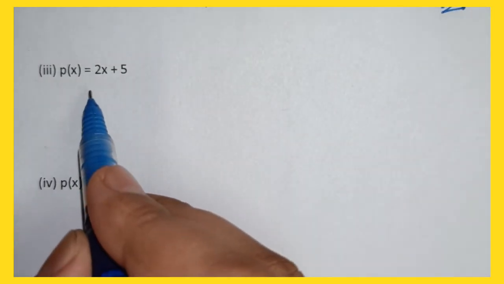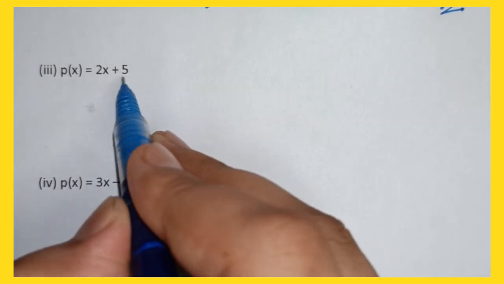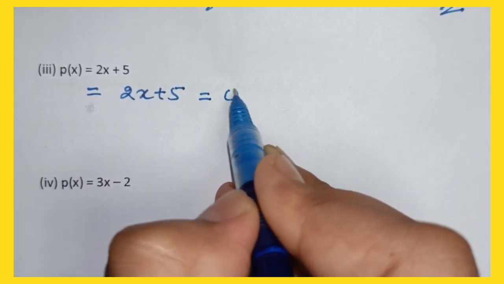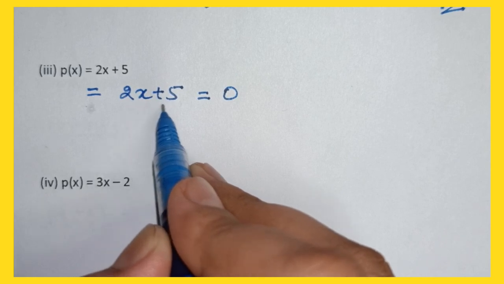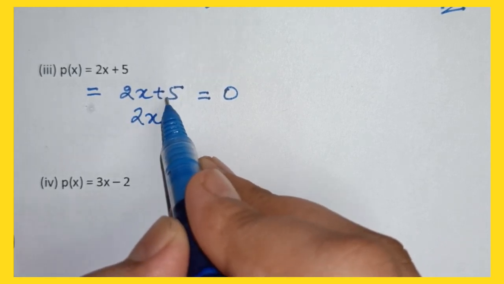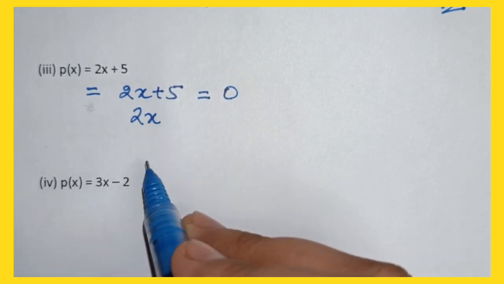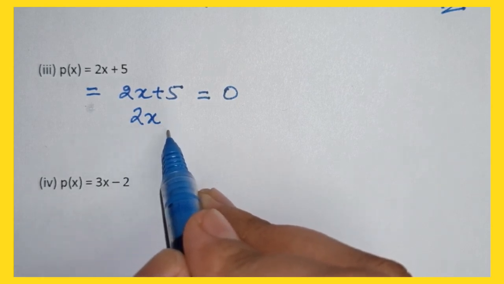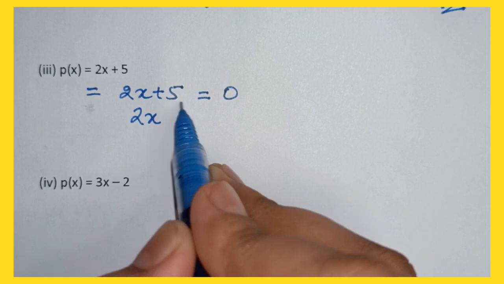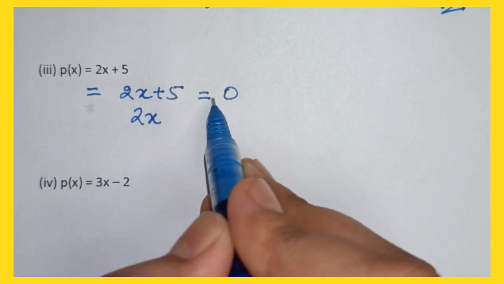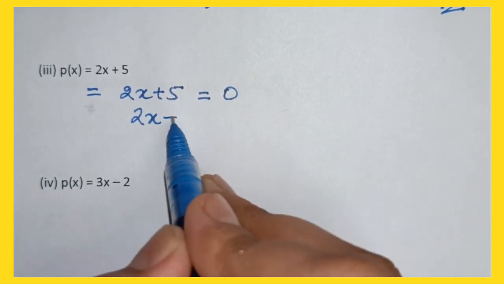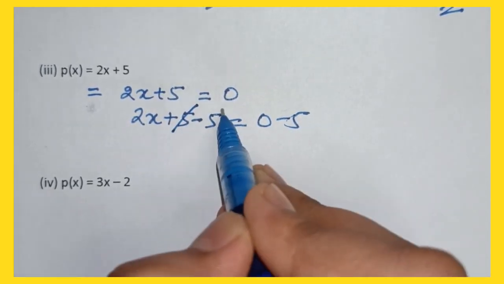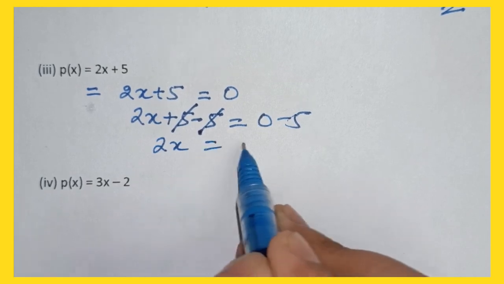Now your third question. The third question is 2x plus 5. Just equate this equation with 0. So 2x plus 5 is equal to 0. Now you will subtract 5 on both sides just to simplify your equation. While subtracting, plus 5 minus 5 will cancel out.